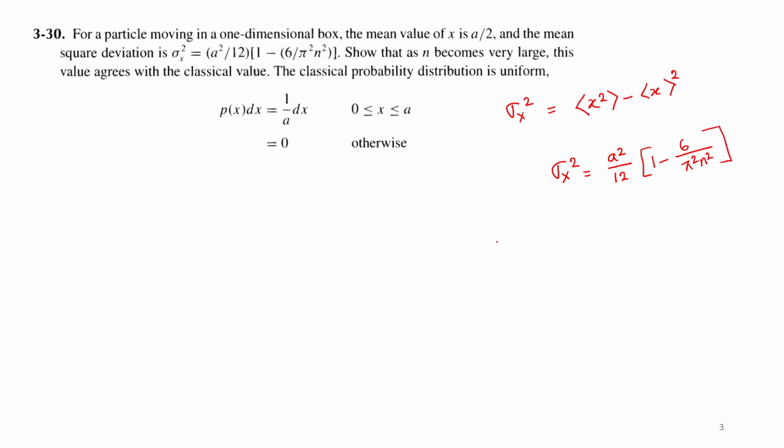So when n becomes very large, that means n going to infinity, what will sigma x square be? a square by 12 times 1 minus 6 by pi square infinity square.